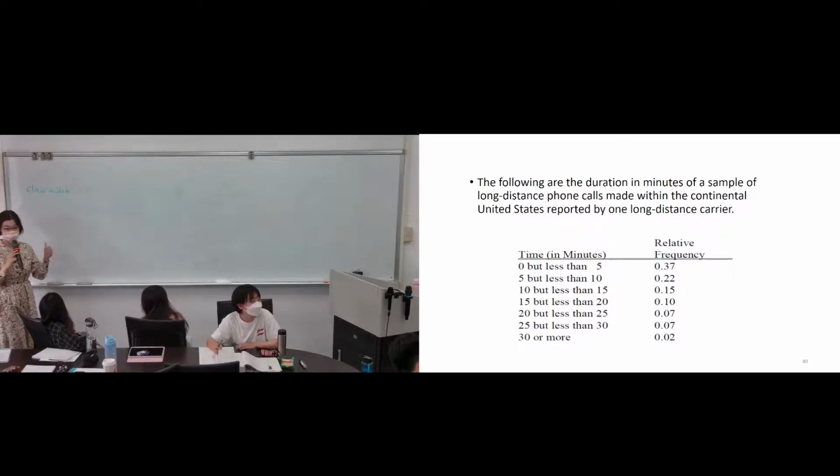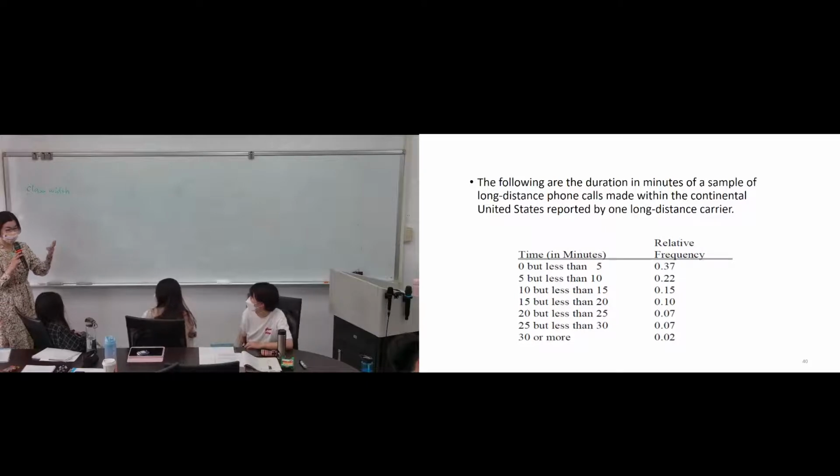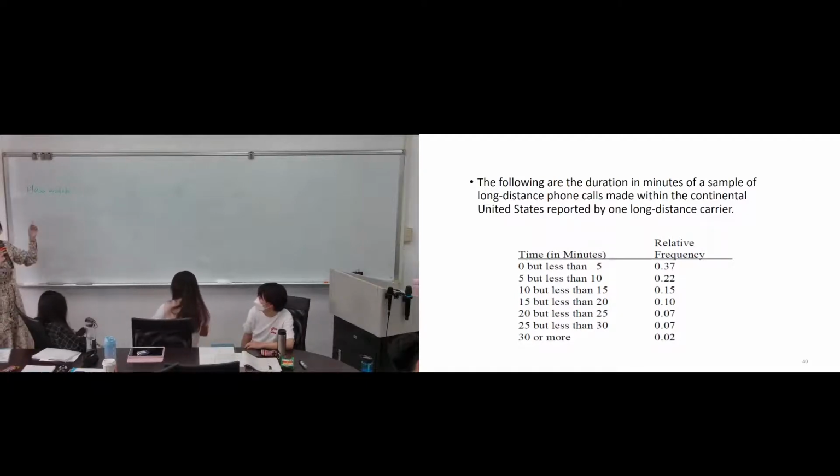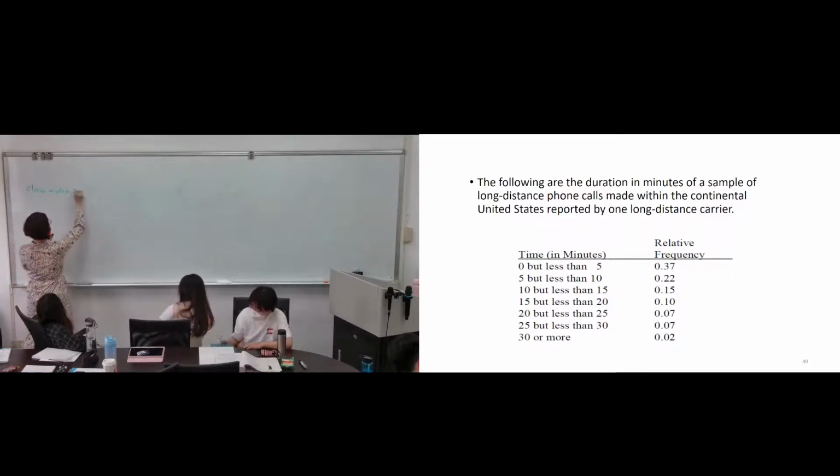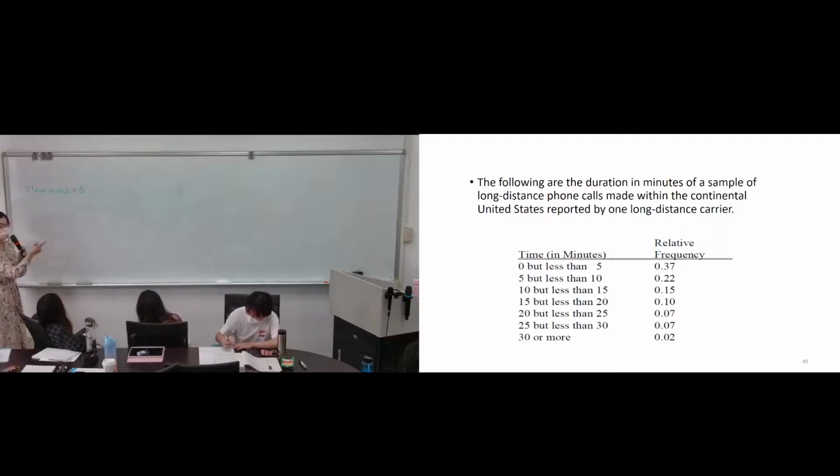So we start from 0, 1, 2, 3, 4. That's 5. 5 minutes for the first class width. How about the second one? 5, 6, 7, 8, 9. 10 is not included, so 5. How about the third one?